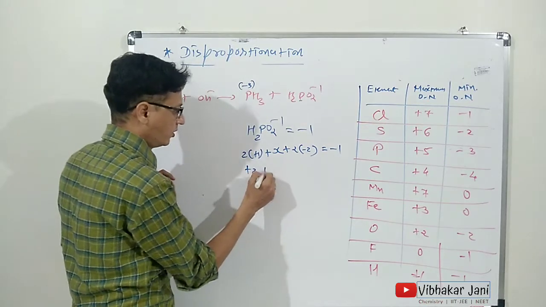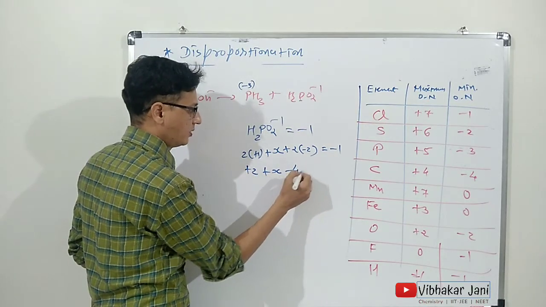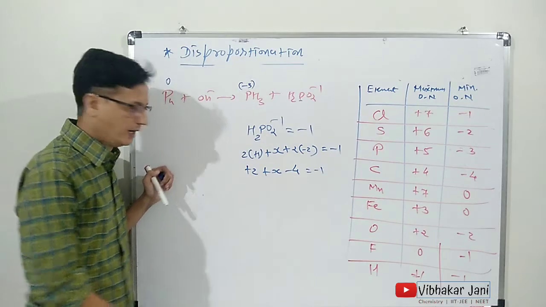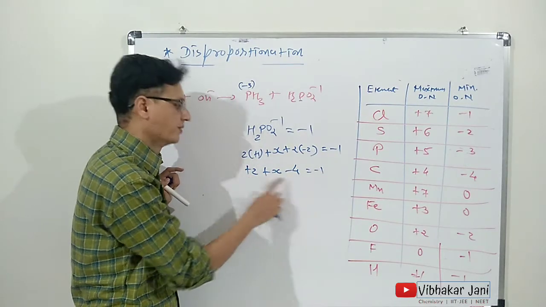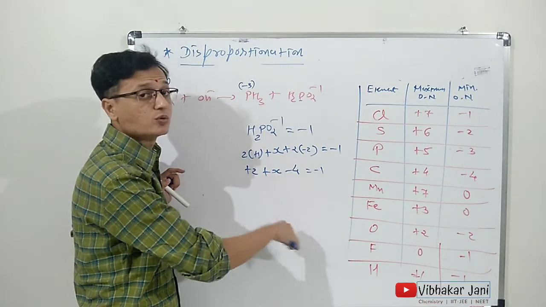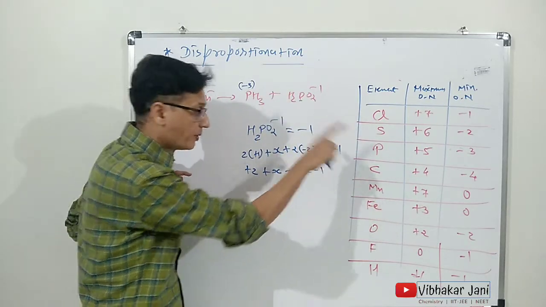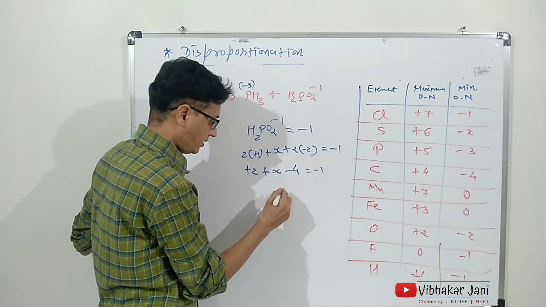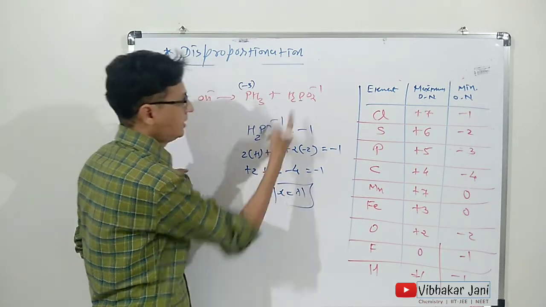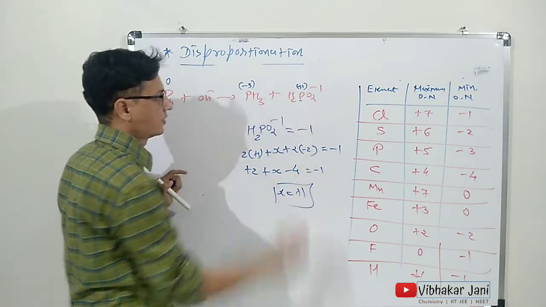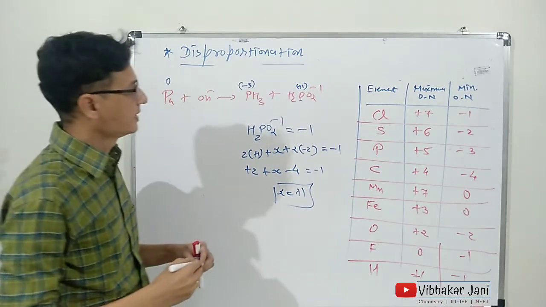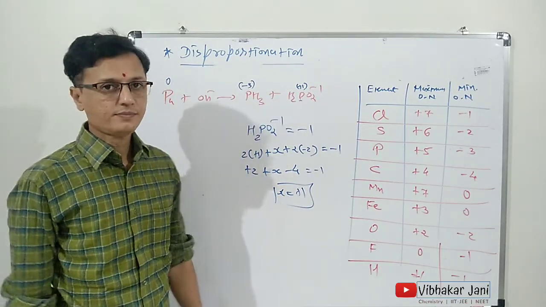So +2 plus x minus 4 is equal to -1. Now -4 plus 2 gives -2; that -2 goes to the other side and becomes +2. +2 and -1 give +1. So the oxidation state of phosphorus in H2PO2 -1 is +1.